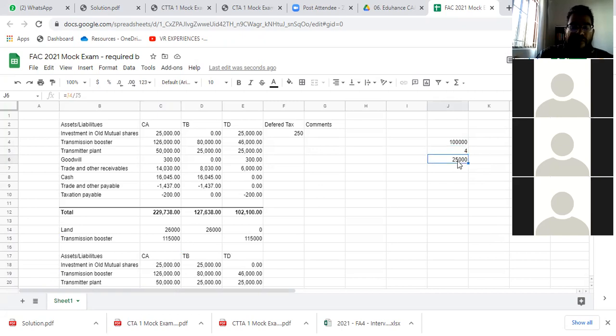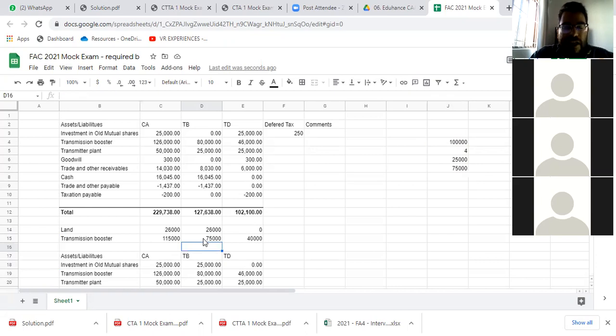We get the full 25,000 irrespective of the fact that we acquired it during the current year. So my tax base would be 100,000 minus 25,000, which is 75,000.